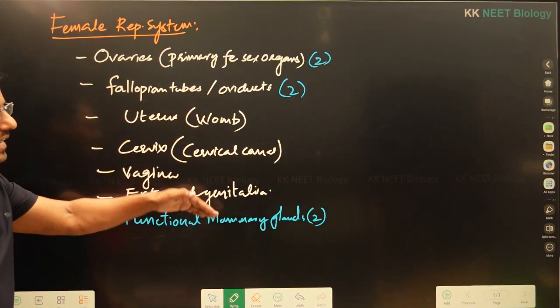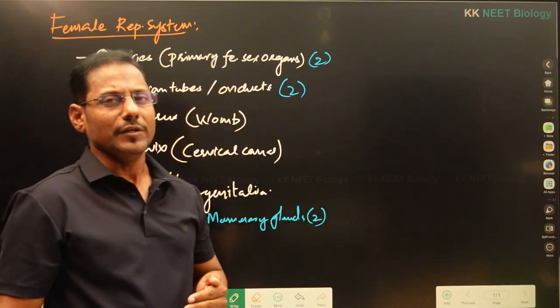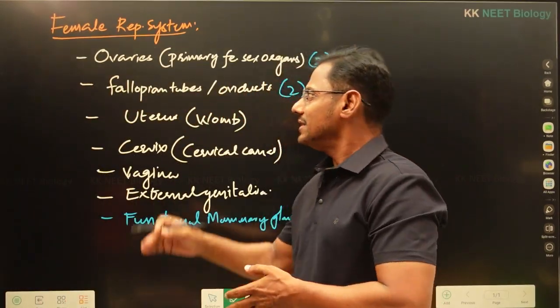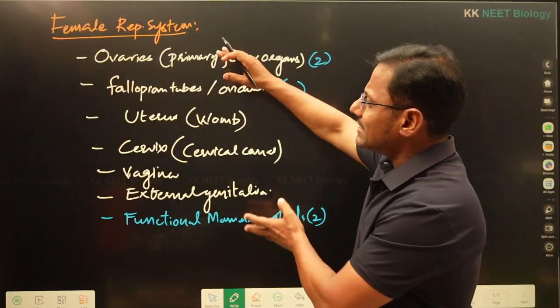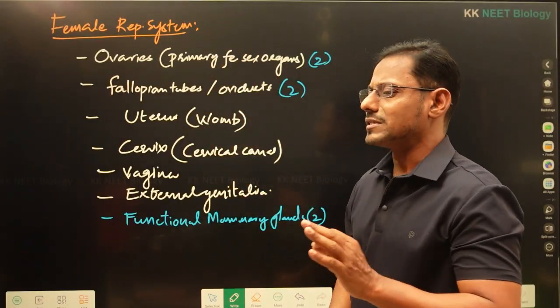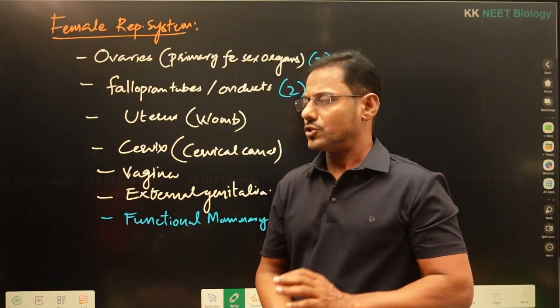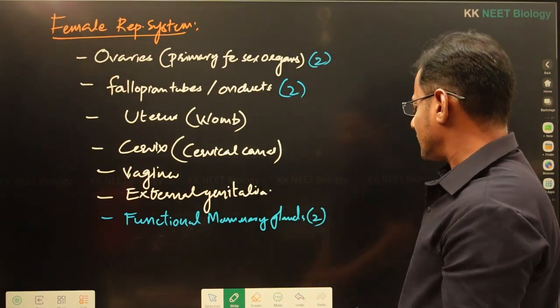So these 3 are the paired organs in the female reproductive system. Other than these 3, all the other parts are present singly. Mind it, and we will see them one by one.